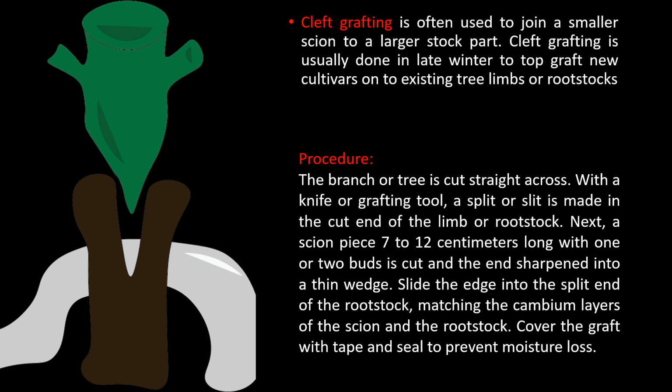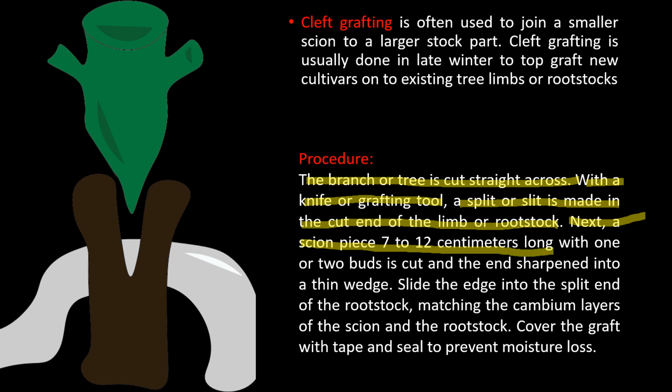The branch of a tree is cut straight across with a knife or a grafting tool. A split or slit is made in the cut end of the limb or rootstock. Next, a scion piece 7 to 12 centimeters long with 1 or 2 buds is cut and the end sharpened into a thin wedge.